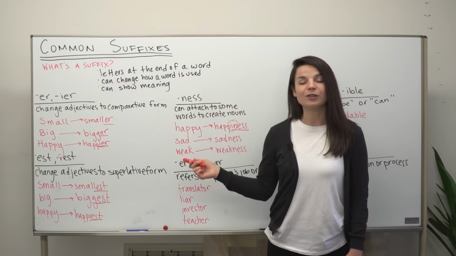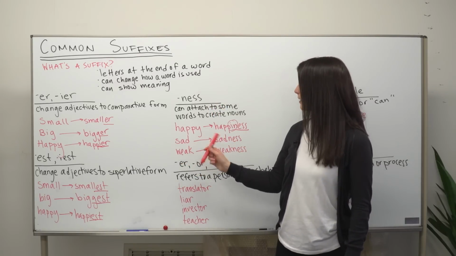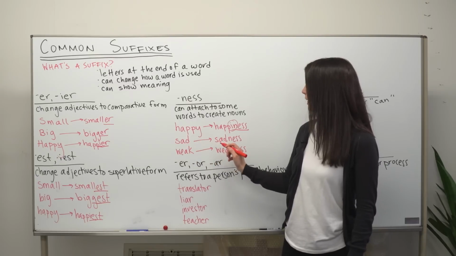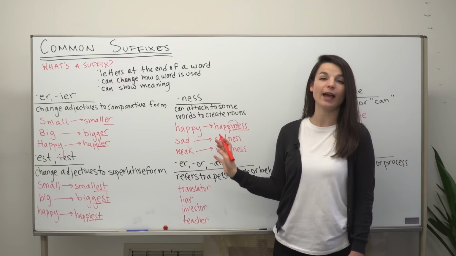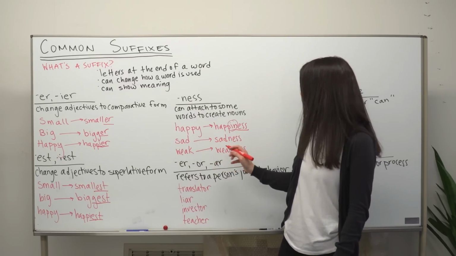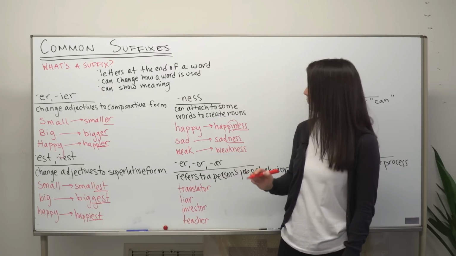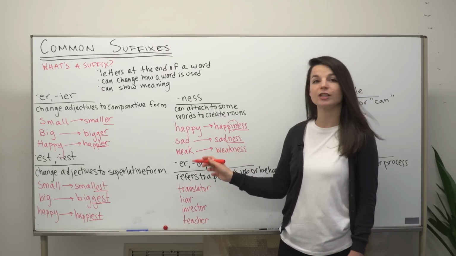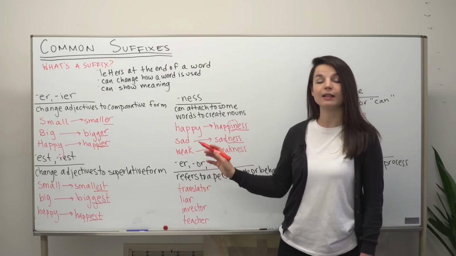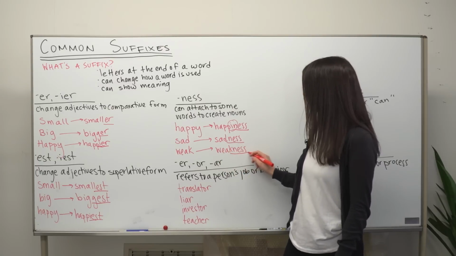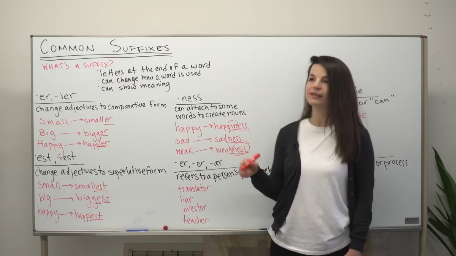Let's continue on to the next adjective, sad. So sad can become the noun form sadness by adding the suffix ness. One more example is the adjective weak. We create the noun form weakness by adding the ness suffix.